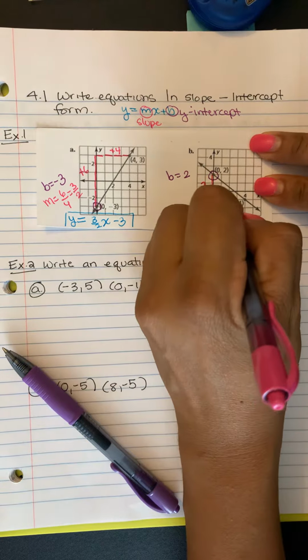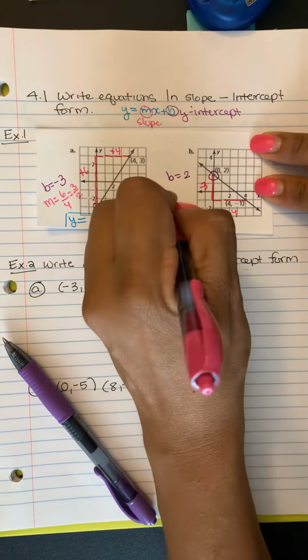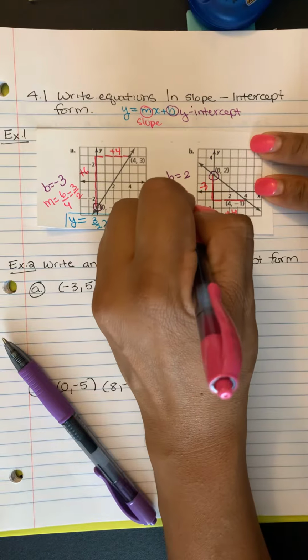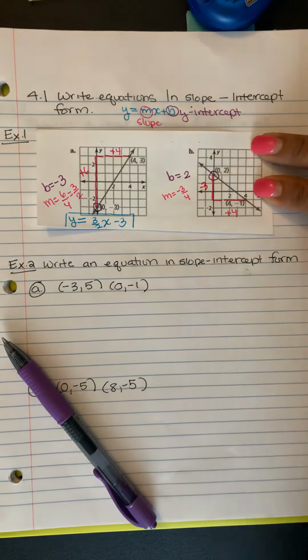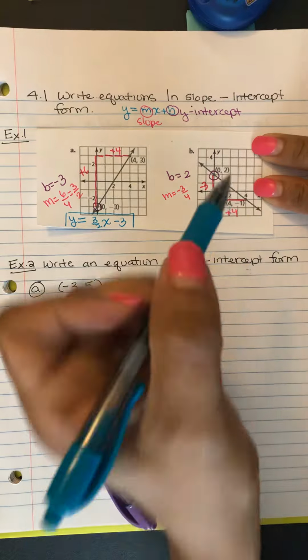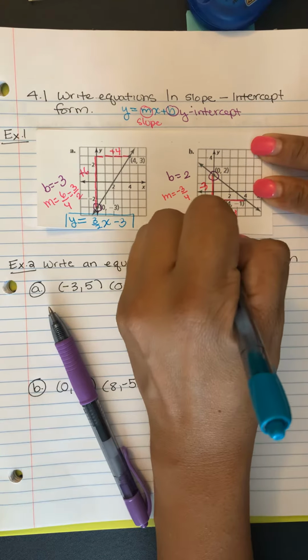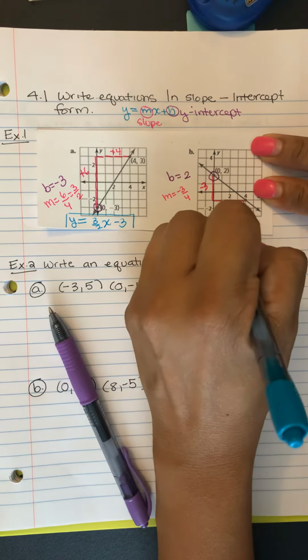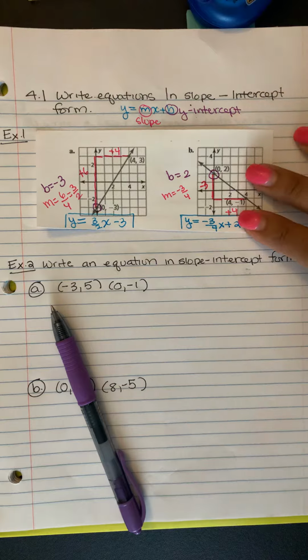Run across 1, 2, 3, 4. +4. So your m is down 3, run across 4. Again, that negative can go anywhere as long as you have one negative. So y equals mx, which is -3/4x plus 2. And there's your answer.